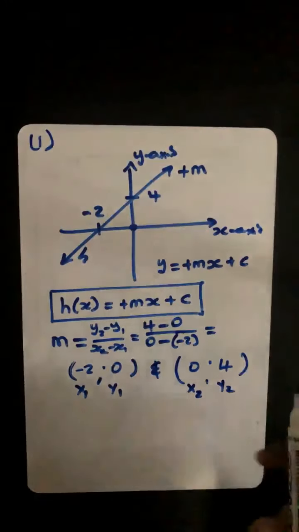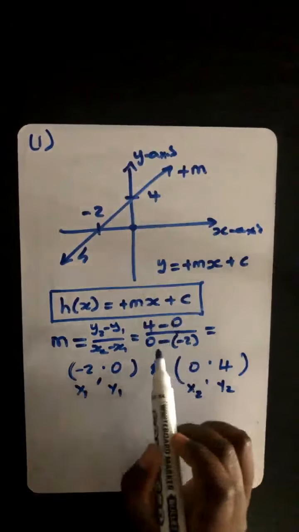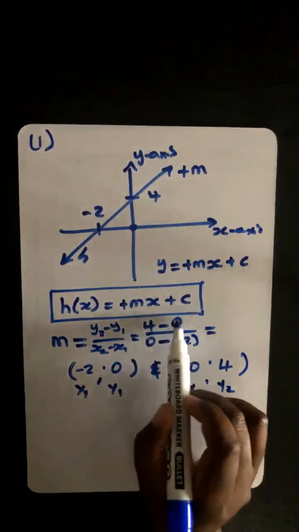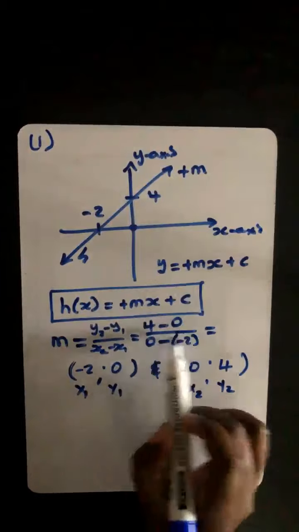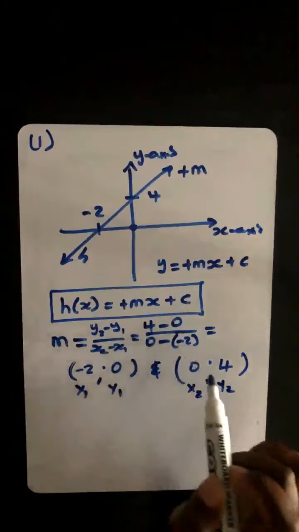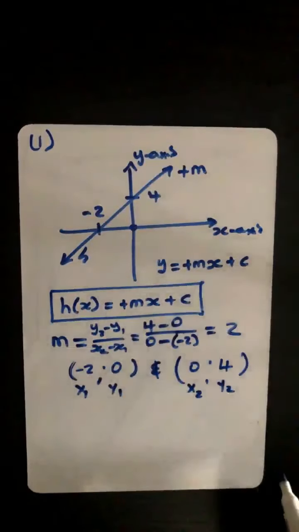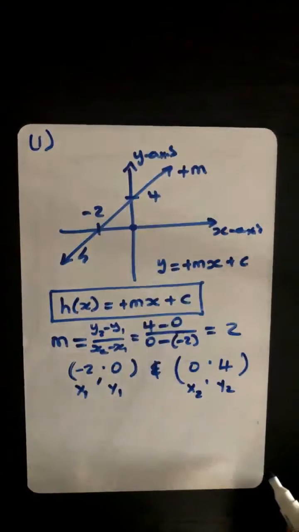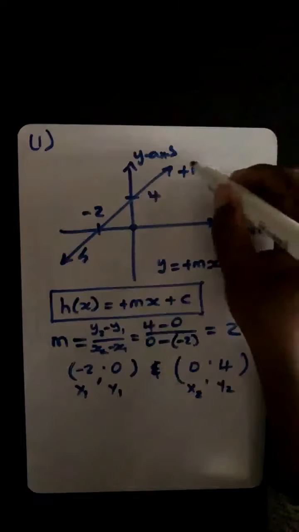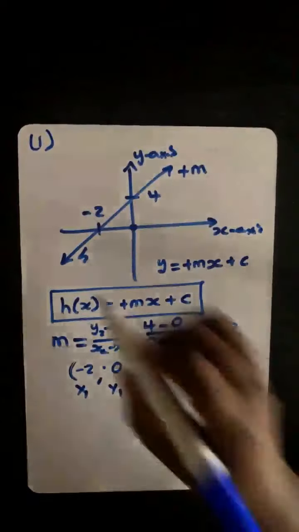Remember, it's 4 minus 0 at the top over 0 minus into -2. Then you get +2. So again, Shreyas, it can never be a negative gradient because we said for that type of straight line, it's a positive gradient.